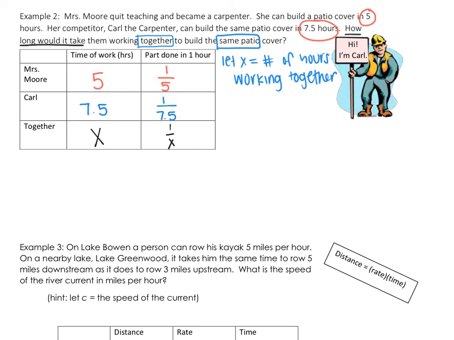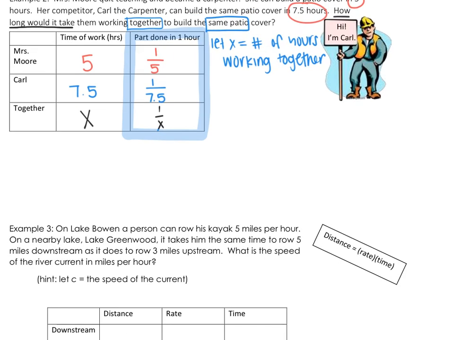So I'm going to have this column right here. In 1 hour, since we're working together, I've got my time, 1/5, plus Carl's time, and that has to equal our time working together.